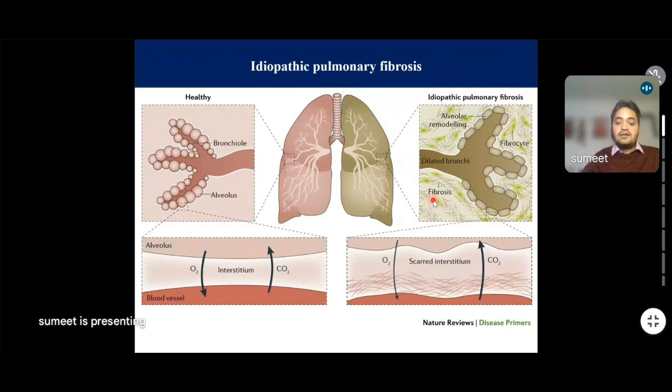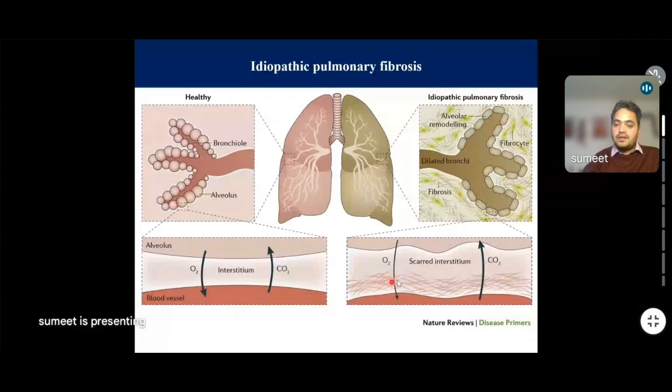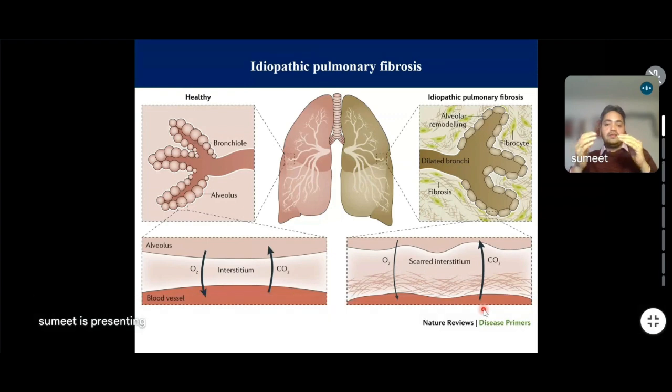And as a result, this is what is happening. You have the fibroblasts or fibrosis here. You have a lot of fibrocytes, and these are myofibroblast cells. And this space is getting much more broadened. So the capacity by which you can exchange oxygen and CO2 is reduced massively, and this is the reason why these patients are not able to breathe properly.